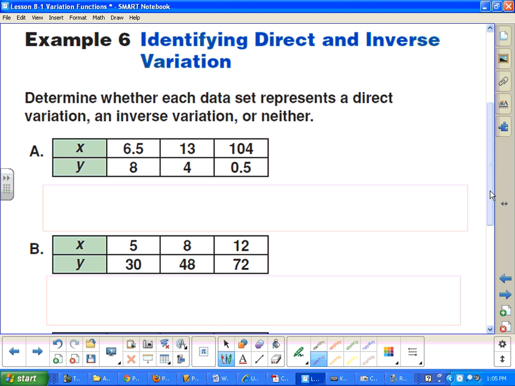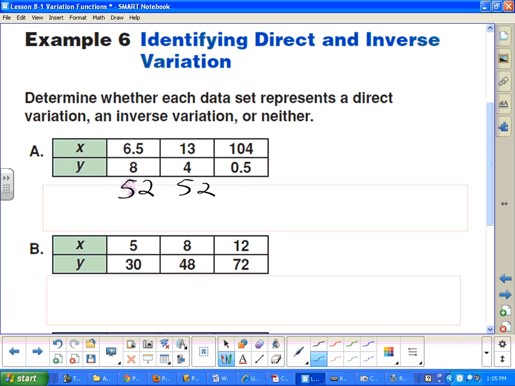What's 6.5 times 8? 52. Okay, 52, right? 6 times 8 is 48. Half of 8 is 4. 48 plus 4 is 52. So I multiply these, and I get 52. 13 times 4 is 52.